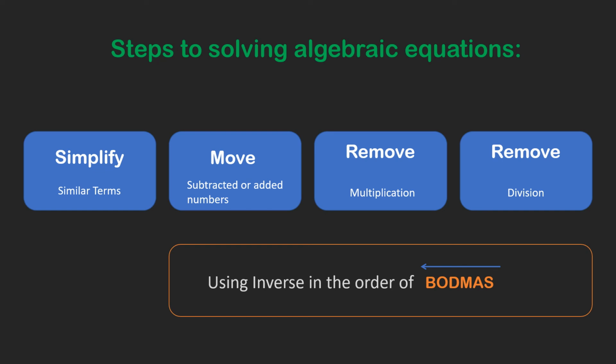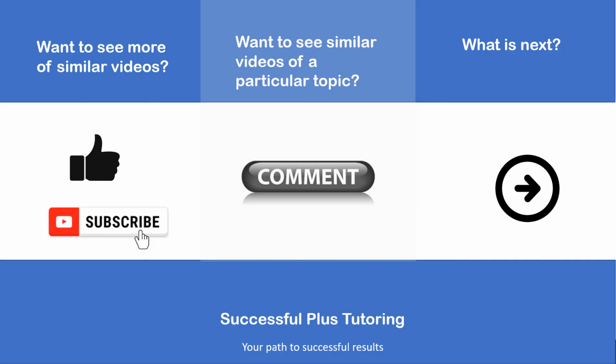When we use inverse to solve an equation, we must respect the order of calculation, so we have to use the reverse of BODMAS. This means the first thing to remove from your equation is the subtraction, then the addition, then the multiplication, and finally the division.